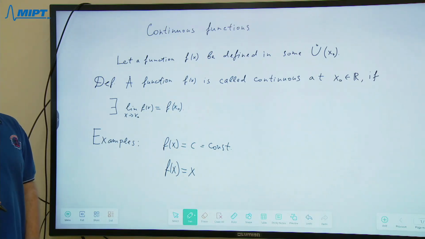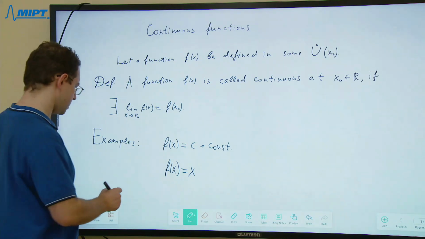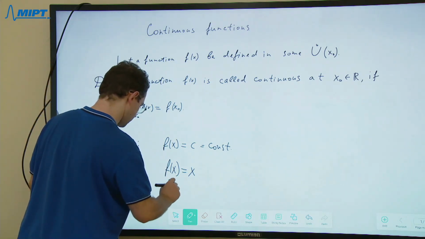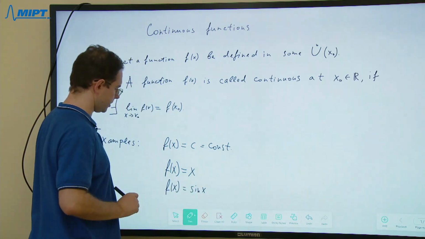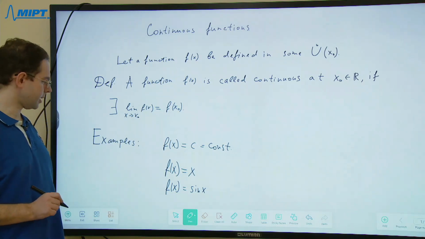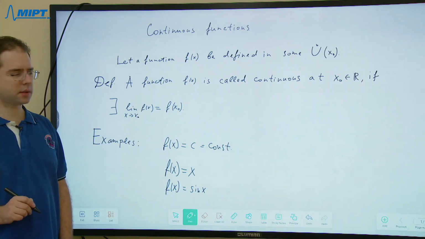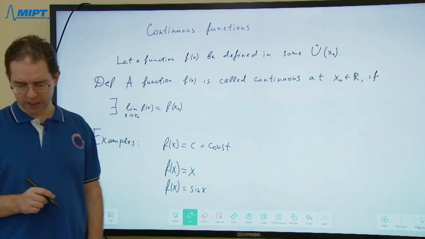You can check it yourself. Another one was f of x equals sine x. So you can do this as an exercise, or maybe we'll do this on the seminars. Okay.